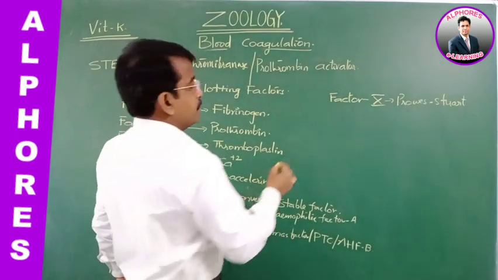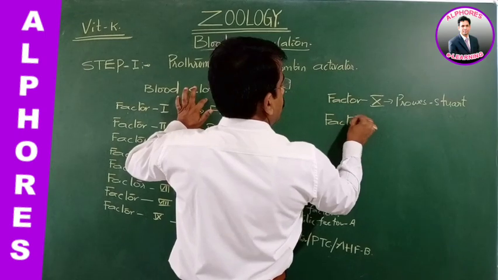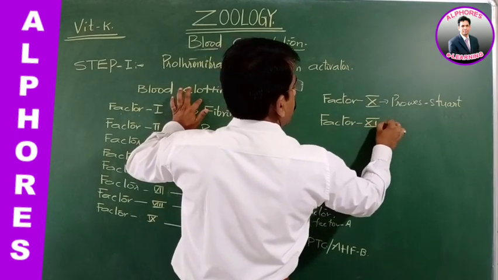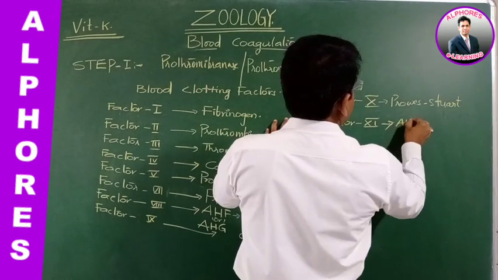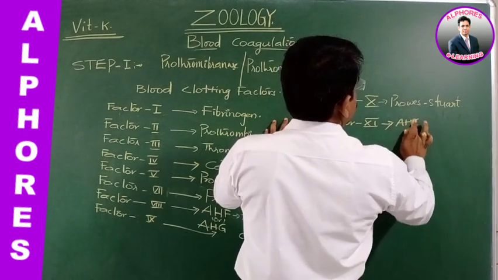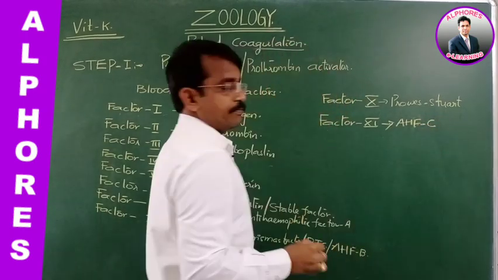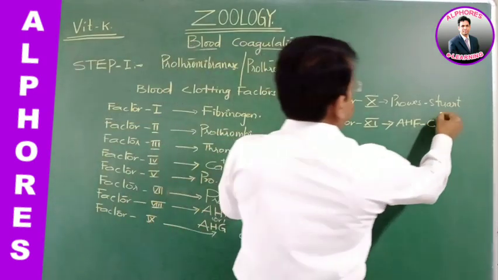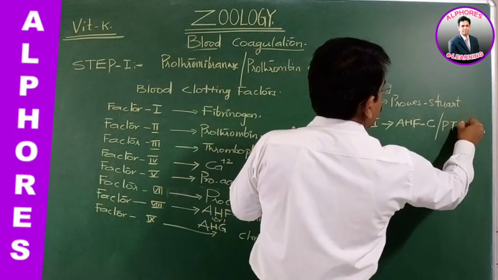Factor 11 is considered to be anti-hemophilic factor C, or else plasma thromboplastin antecedent.